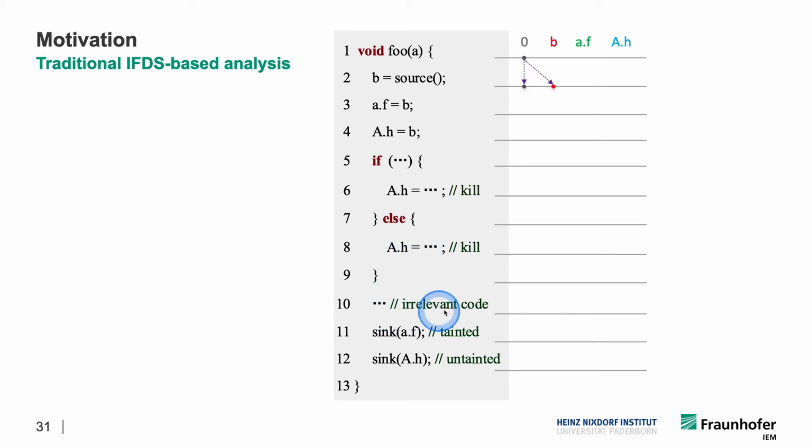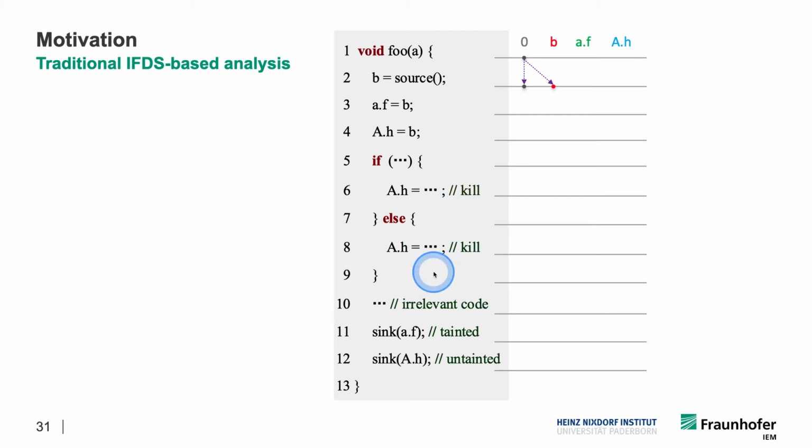And there's some code that doesn't really matter much to us. And then here we basically have the situation that A.f remains tainted because the taint is not killed. And A.h should be untainted because this is killed in both of these branches. Okay, so far so good.